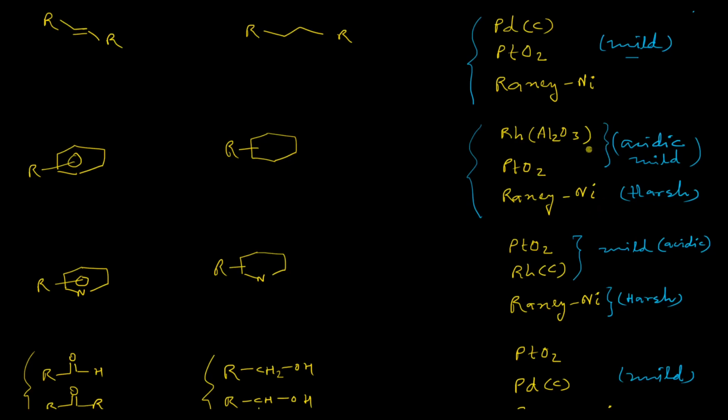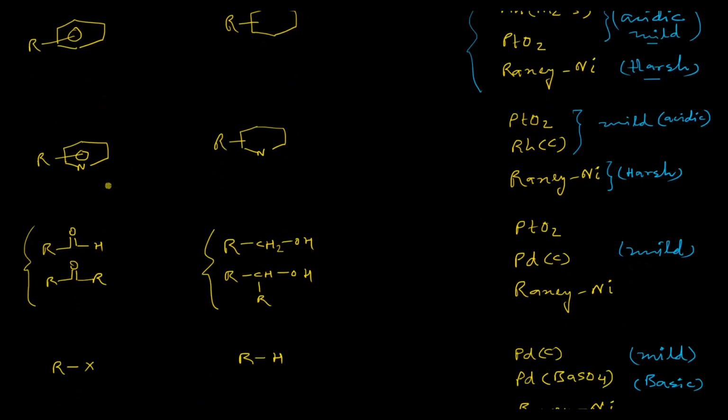These two, the rhodium on alumina and platinum oxide, are used in acidic condition, and the temperature is low and the pressure of the hydrogen is also low in this case. But in case of Raney nickel, we can use the catalyst in neutral condition. However, harsh reaction conditions are required, that is high temperature and high pressure of the hydrogen gas.